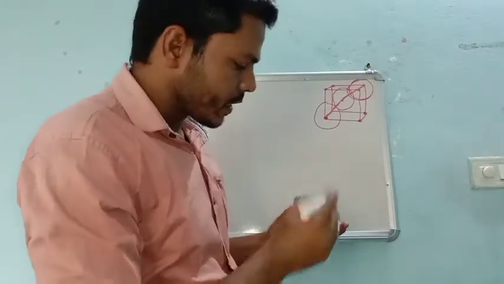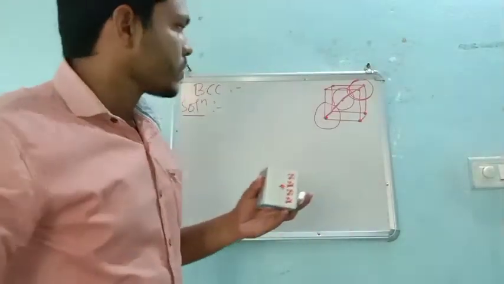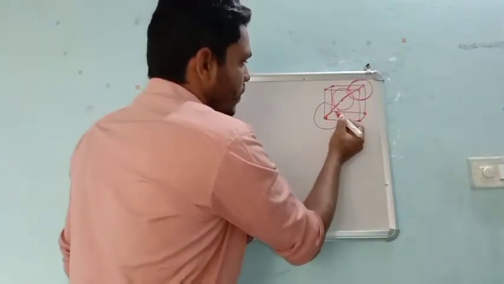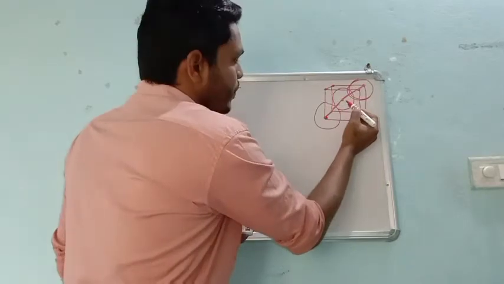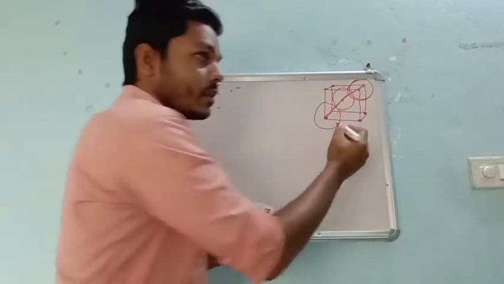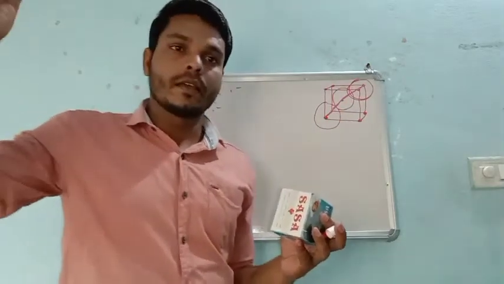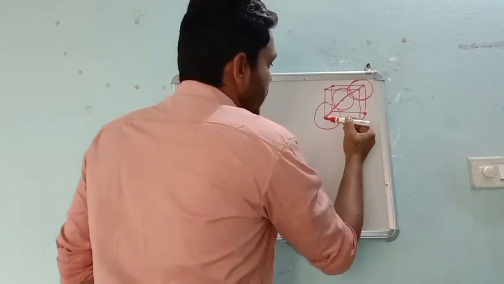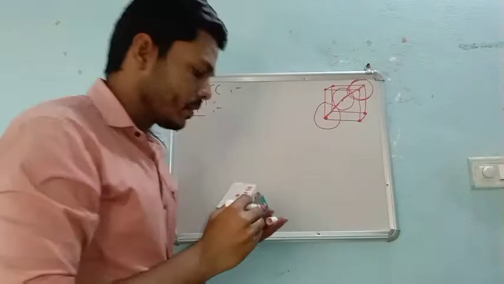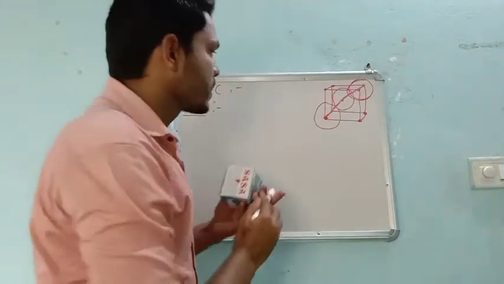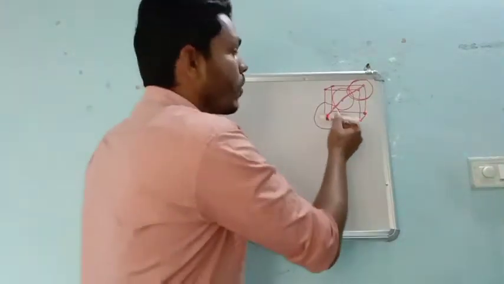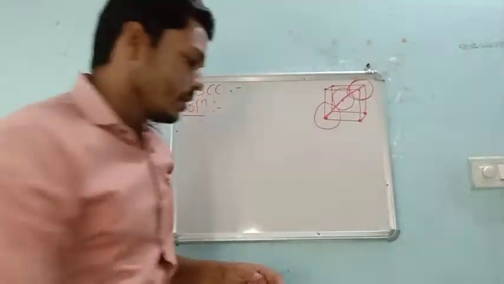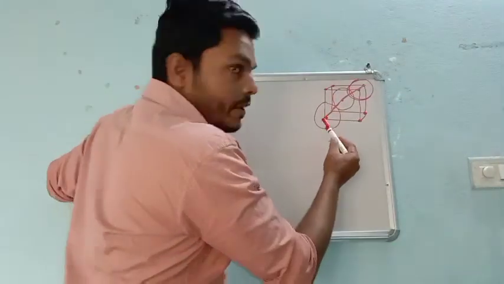If you imagine it like this, then the atom is here. If I start considering the constituent particle from this bottom corner, then from here to here, that's what I did.